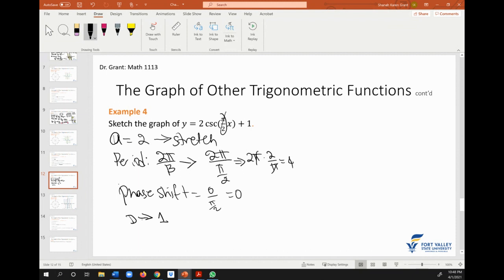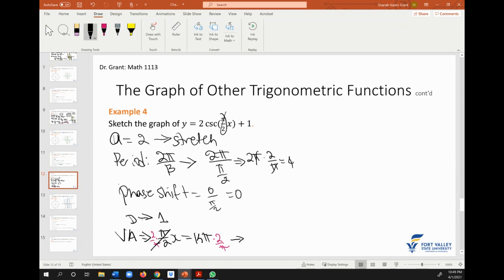Now let's find our vertical asymptotes. So of course we're going to set pi over 2x equal to k pi. And we're going to, again, use this little trick where you multiply by 2 over pi, and so we cancel these here.